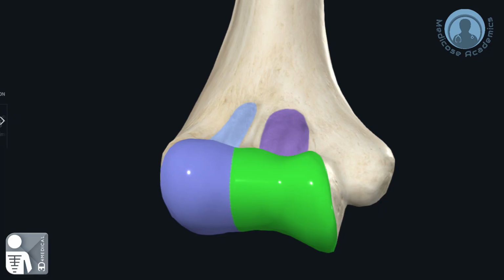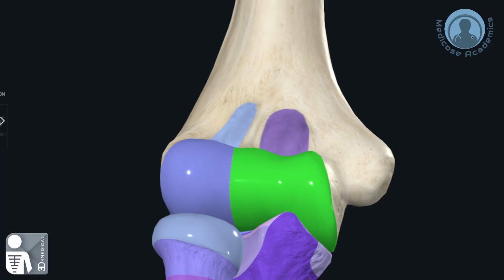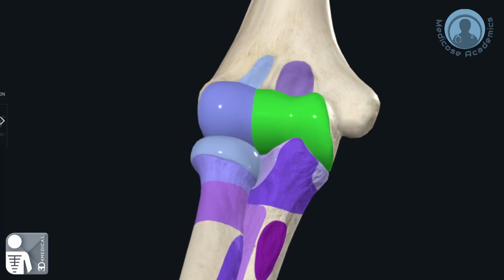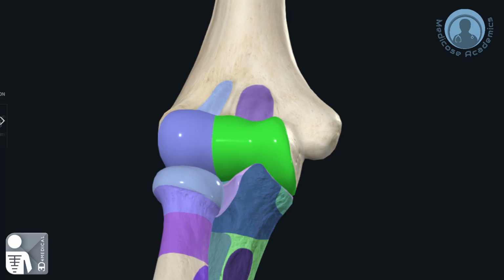These two parts articulate with two bones of the forearm. The humerus articulates via the trochlea with the ulna, and via the capitulum with the head of the radius. So the capitulum articulates with the head of the radius and the trochlea articulates with the trochlear notch on the ulna.